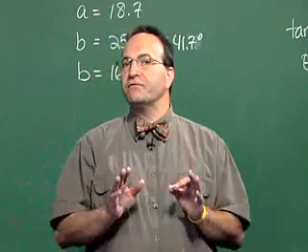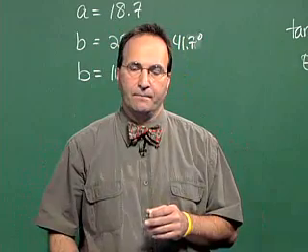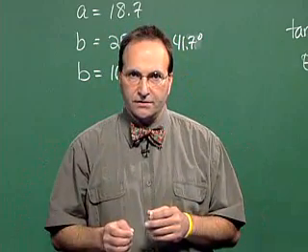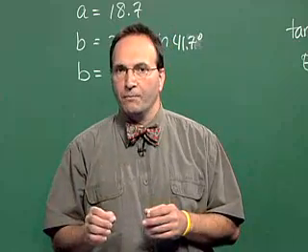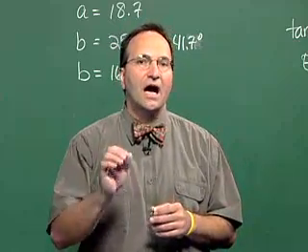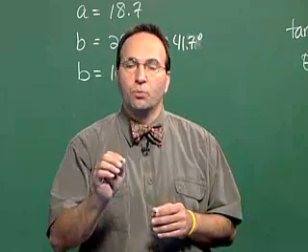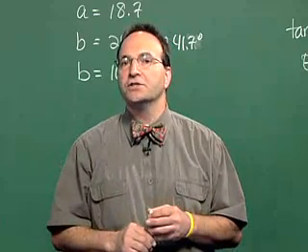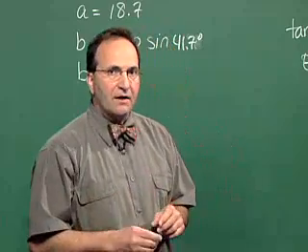Now, a unit vector is a vector that has a magnitude of 1. Two very useful vectors are the vector 1, 0, which has the letter i attached to it, and the vector 0, 1, which has the letter j attached to it. Let me write those down for you.